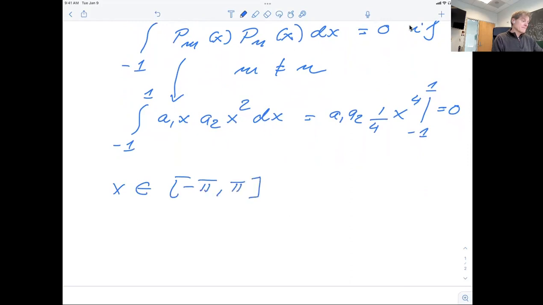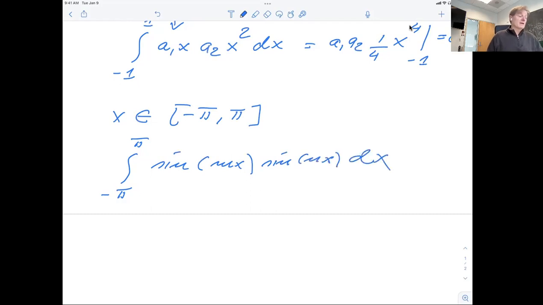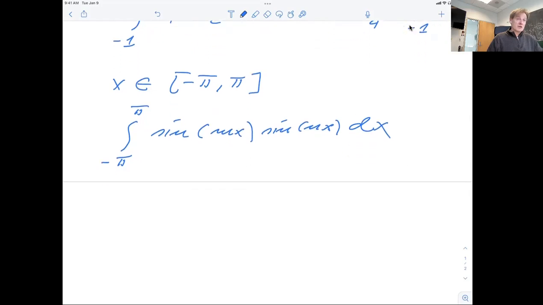Then, if I calculate the integral from -pi to pi of a sine function of m times x multiplied with another sine function of n times x, what you will find is that this is 0 unless m is equal to n.